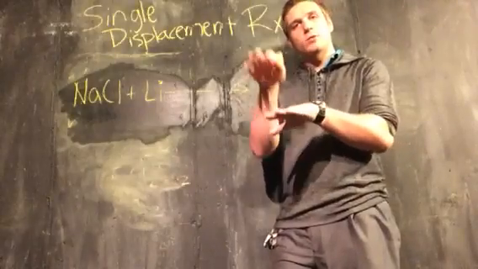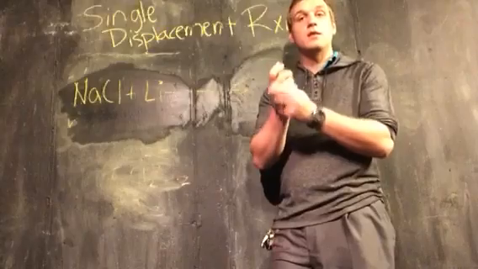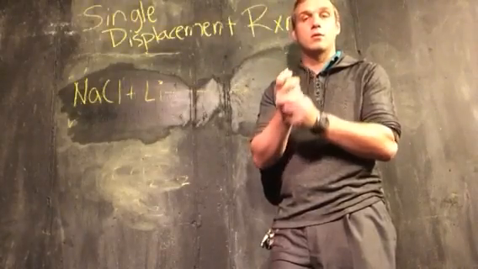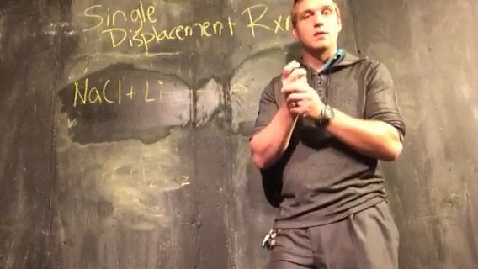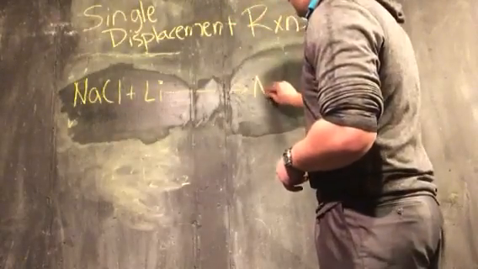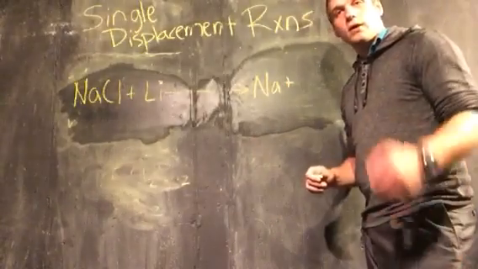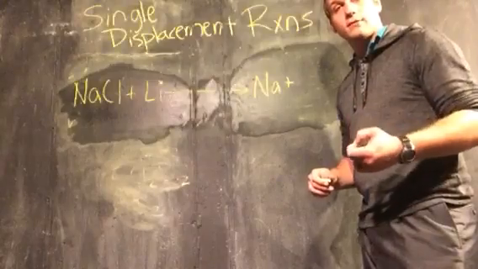So you're going to find out which one's higher, lithium or sodium. Well, lithium's higher. Lithium will kick out the sodium, okay? Lithium will kick out the sodium, leaving sodium by itself, it's all lonely by itself. And then you crisscross what's left.